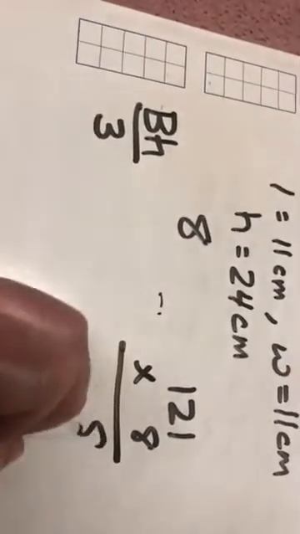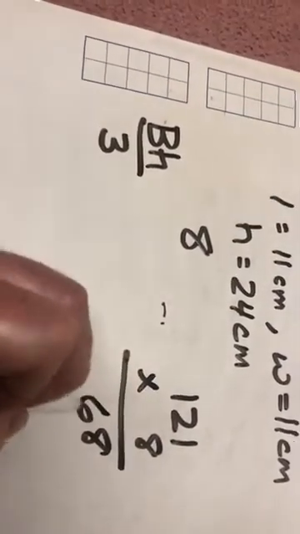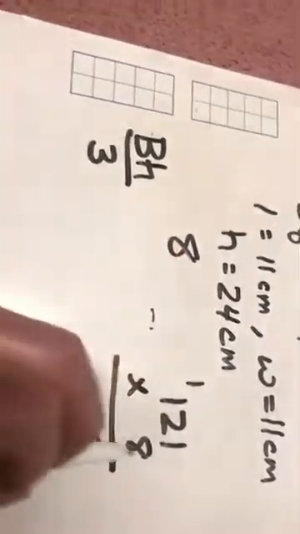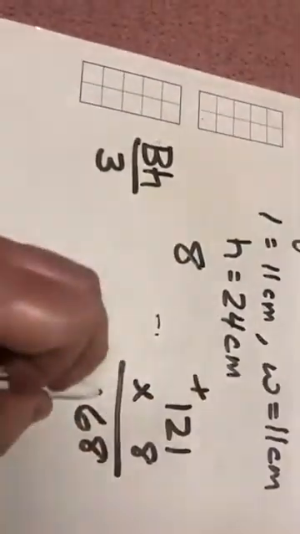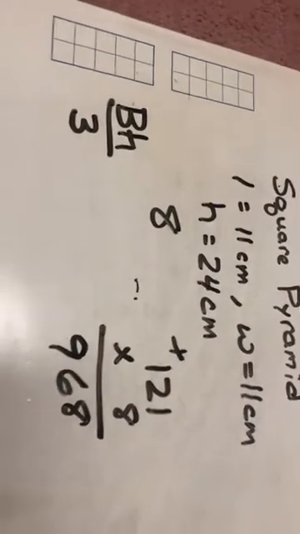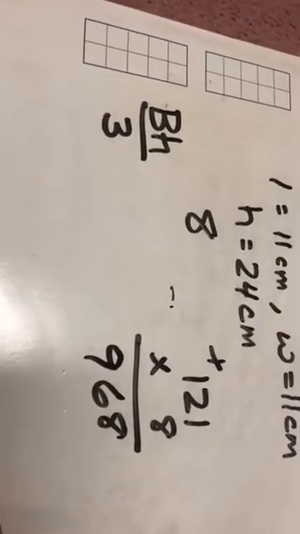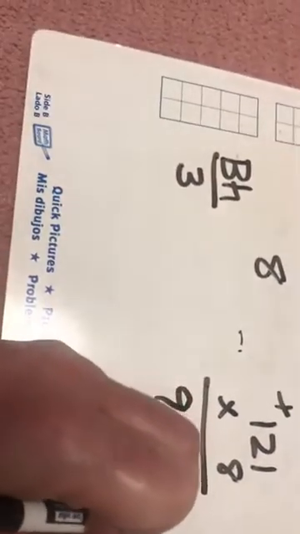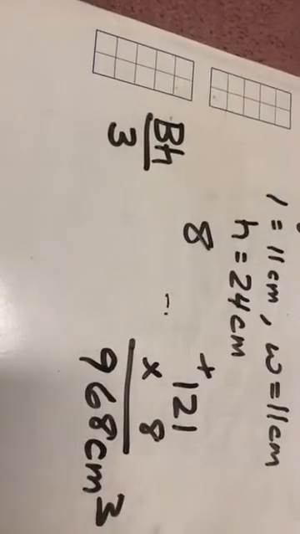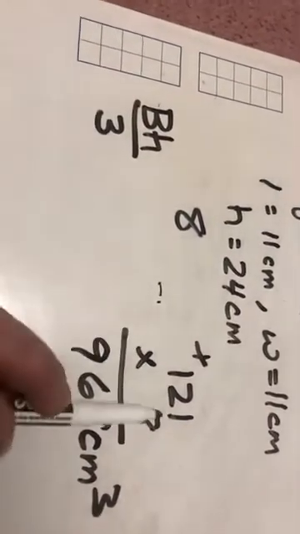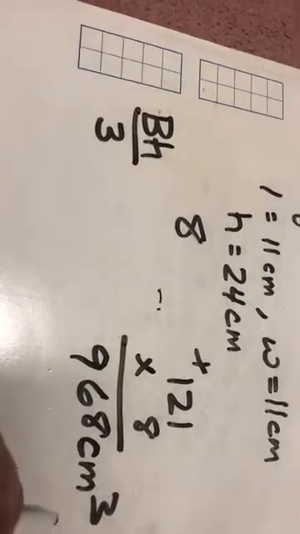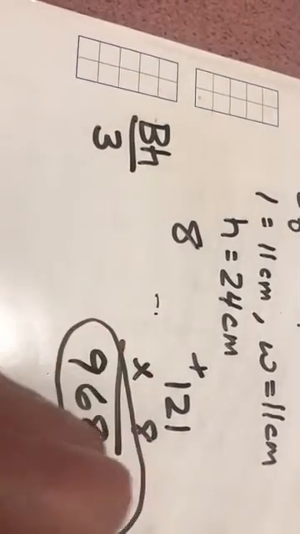And 8 times 1 is 8. And 8 times 2 is 16. Put the 6 down, carry the 1. 8 times 1 is 8 plus 1 is 9. I get 968 cubic centimeters.